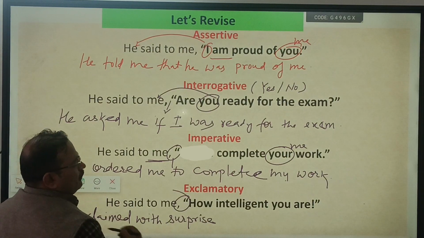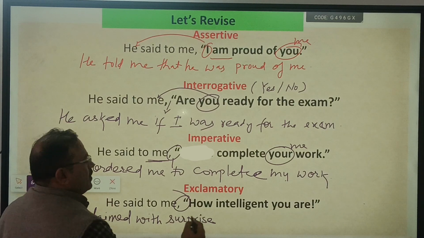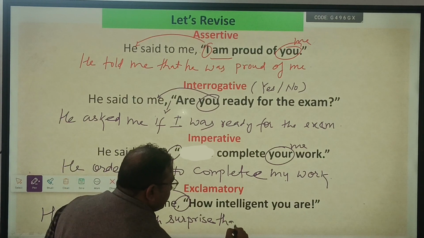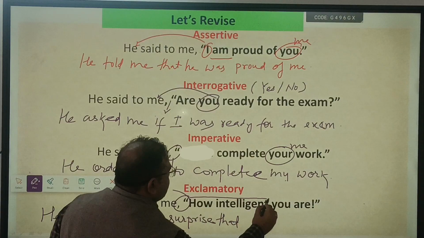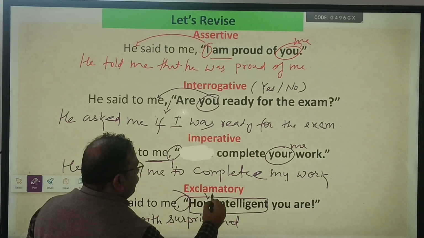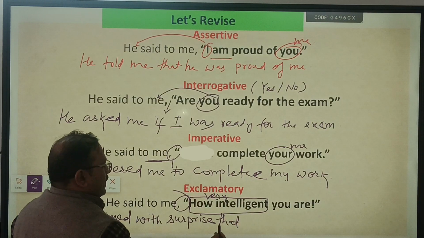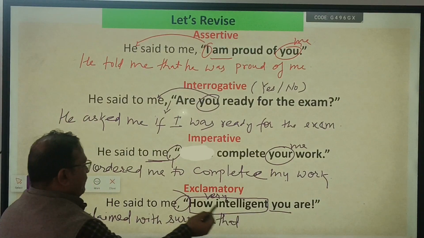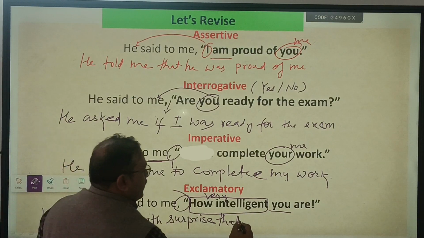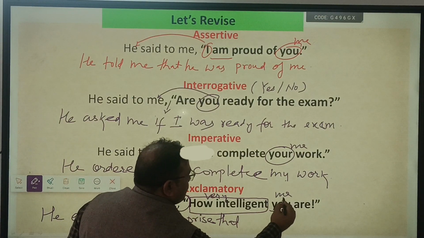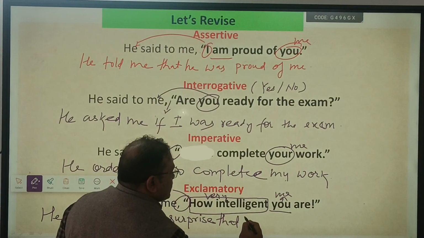In place of inverted comma we write "that." "How intelligent" will change into "very intelligent." "You," second person, will be changed by me. Now subjective case of me is what?